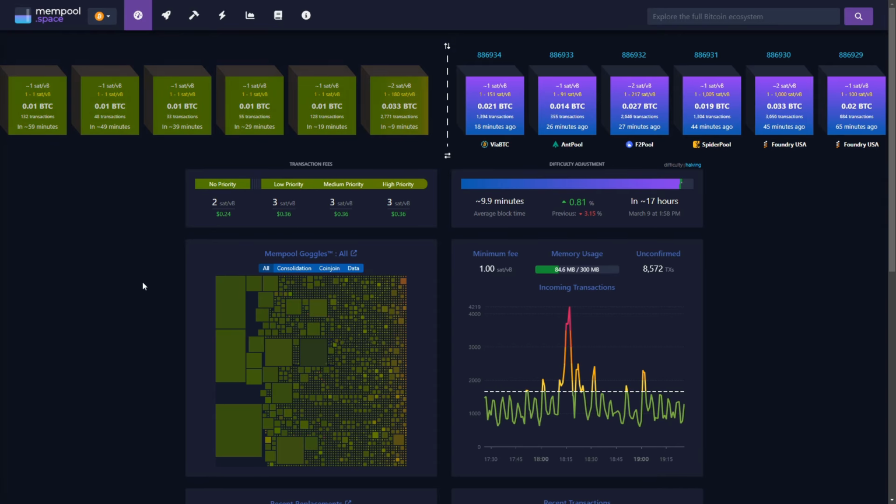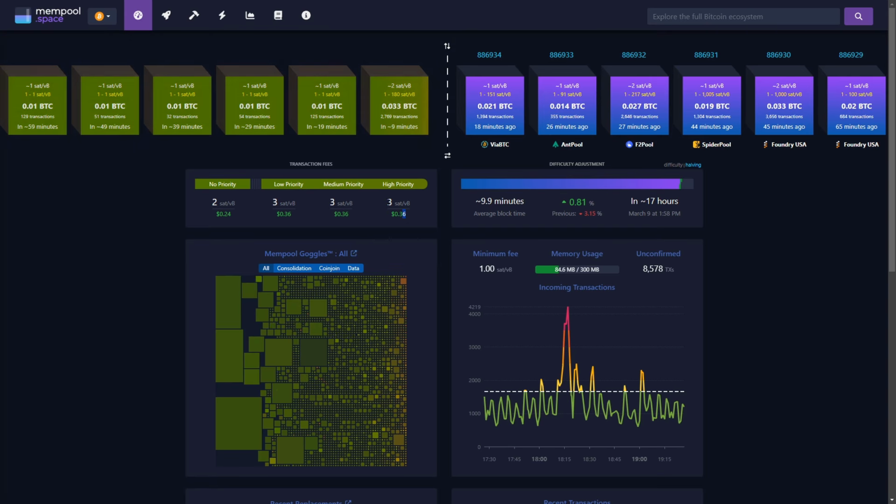So if you want to pretty much guarantee that your transaction gets into the next block, you'll need to pay 3 sats per VByte, which is roughly 36 cents. So it's actually very cheap right now to transact on the base layer for Bitcoin. It's not always this cheap, so this is a good time to move funds around.